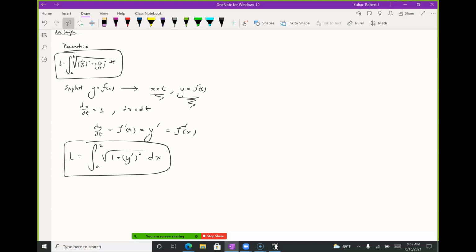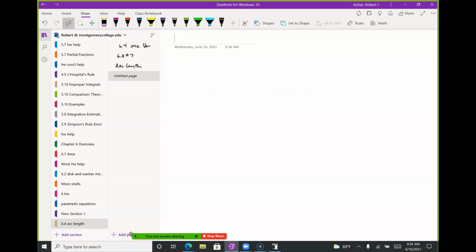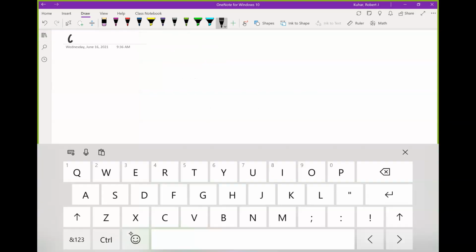Oh, actually, number 11. Number 11 looks challenging. Let's do that one. So this is 6.4, number 11. And I want to find the length of the curve of y equals 1/4 x squared minus 1/2 ln of x. Yuck. From 1 to 2.